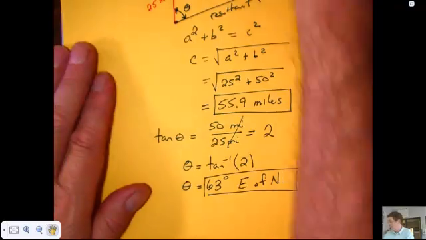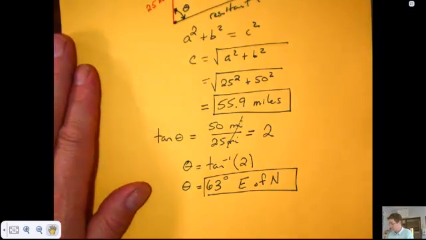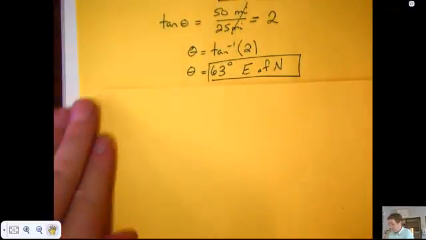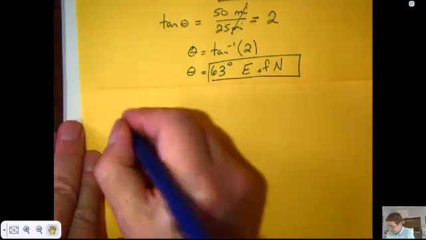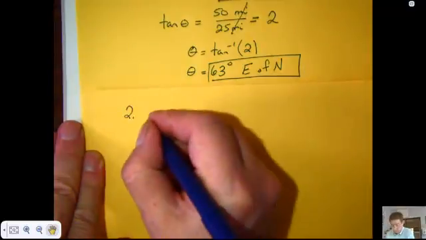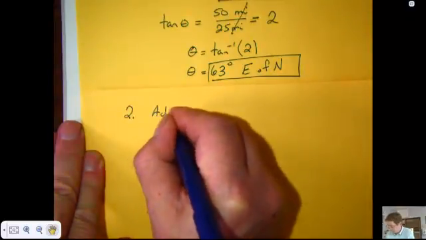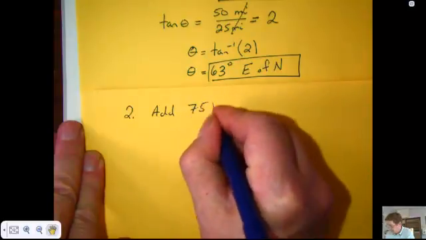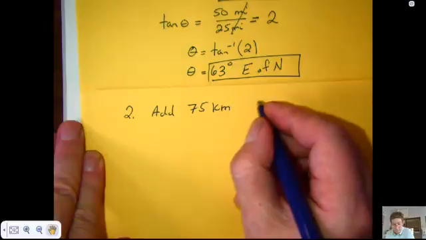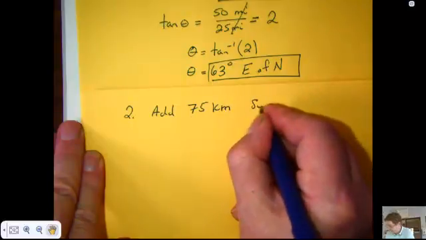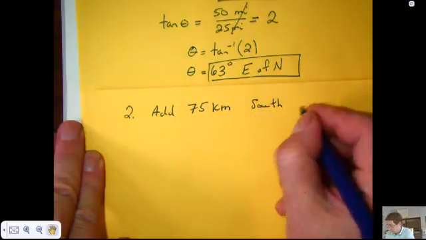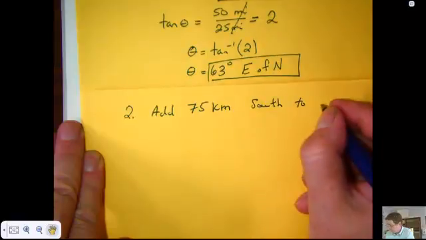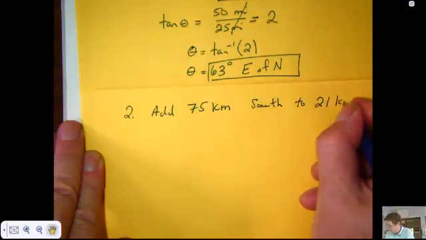Alright, let's try one more. Number 2. Add 75 kilometers south to 21 kilometers west.